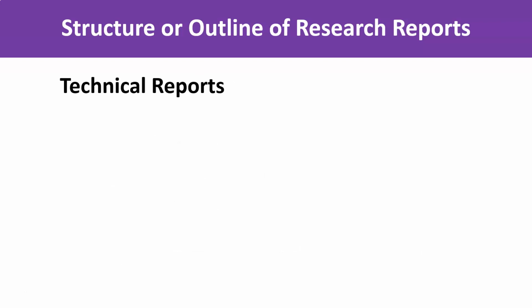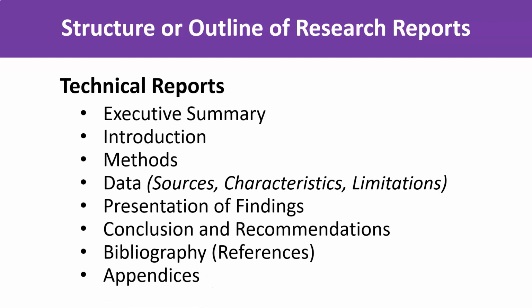How about technical reports? Technical reports usually have an executive summary. So instead of abstract, we talk of executive summary. And then introduction, methods, then data, that's the data sources, the characteristics of the data and limitation, presentation of findings, and then, of course, your conclusion and recommendations.